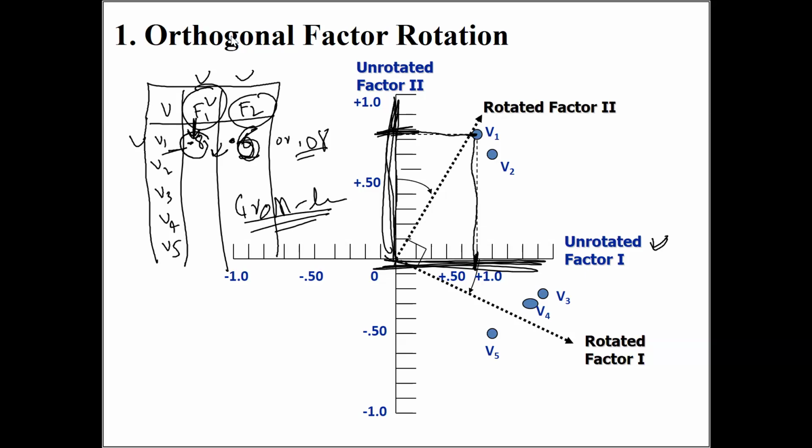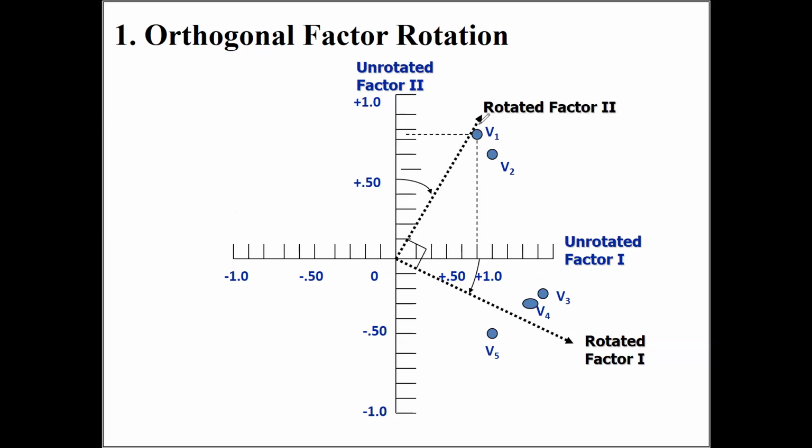Then next is the rotation. When we rotate this factor matrix orthogonally, 90 degrees, then now V1 is very high.